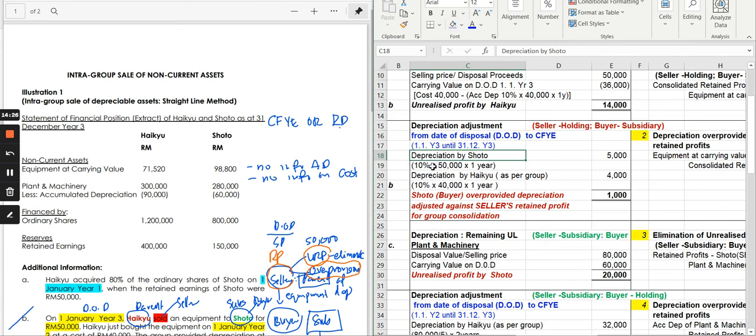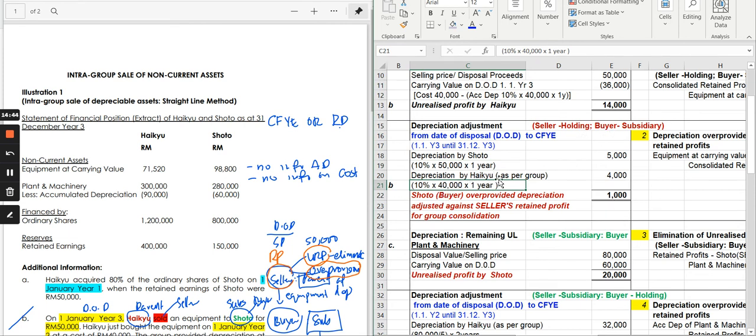For 1 year, they will be depreciating at 5,000. High Q has been depreciating it at 40,000, which is on cost. This one is on selling price, but that is on cost. So there will be a difference in the depreciation.